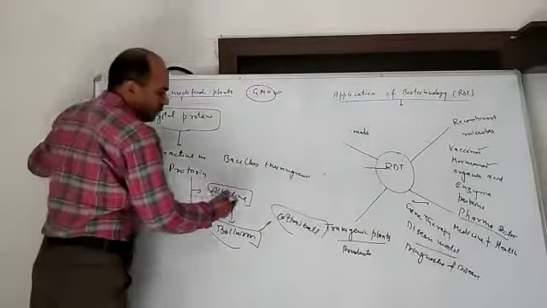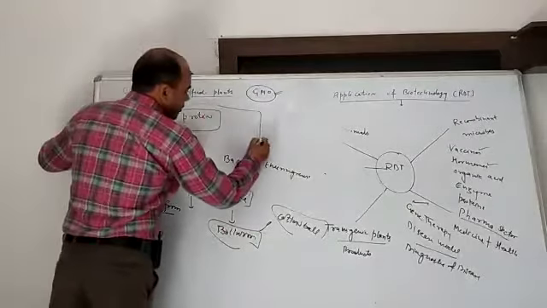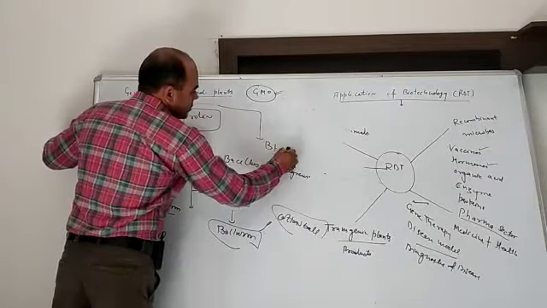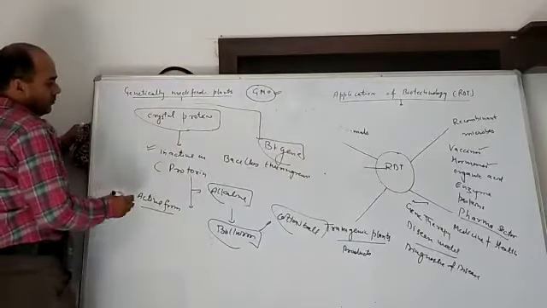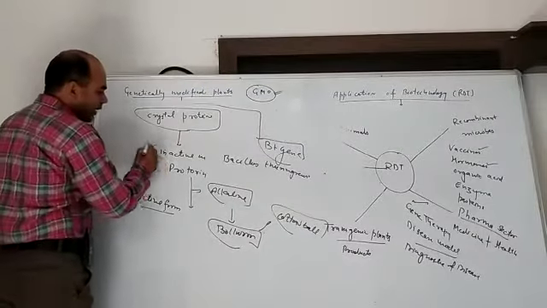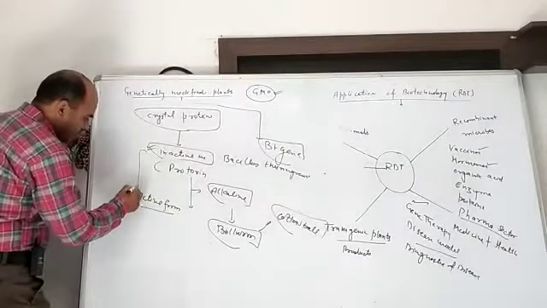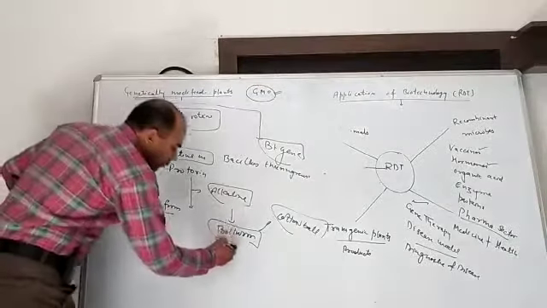In cotton boll plants, what is present? Bt gene is present. This Bt gene is expressed to make what is called cry protein, and this cry protein converts from inactive state into active state in the midgut of this bollworm.